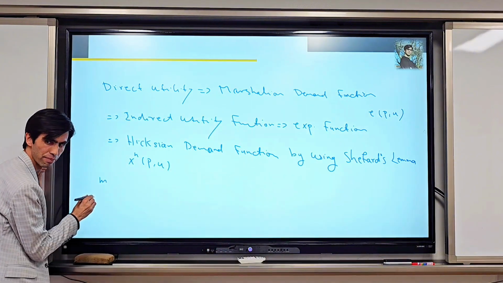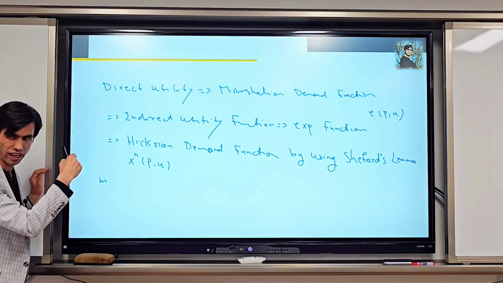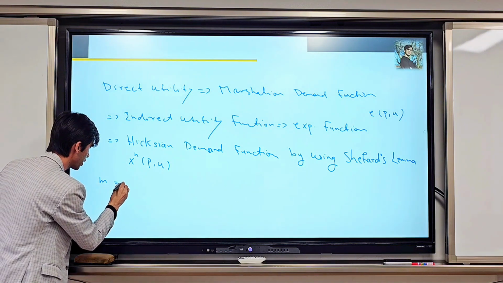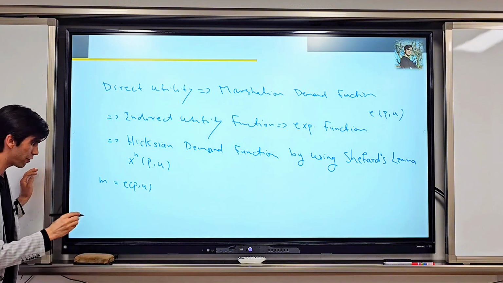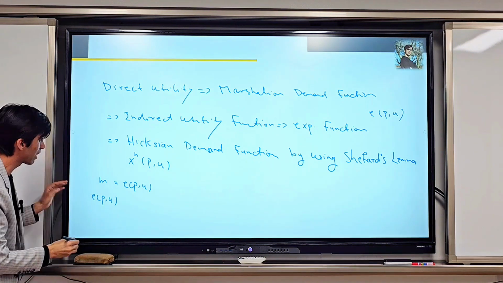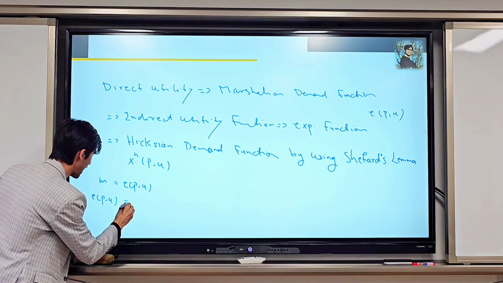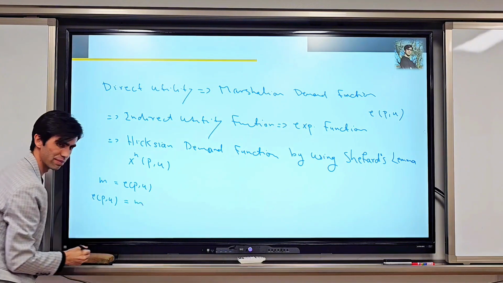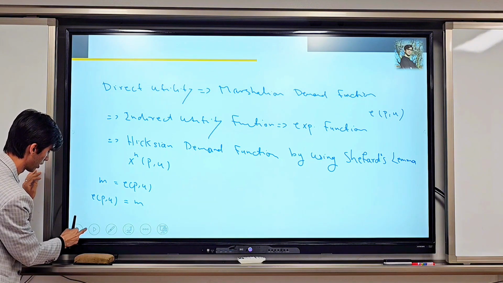If you have M, and someone asks you to find the expenditure function, then put E(P,U) instead of M. But if you have E(P,U), and someone asks you to find the indirect utility function, just put M instead of E(P,U).